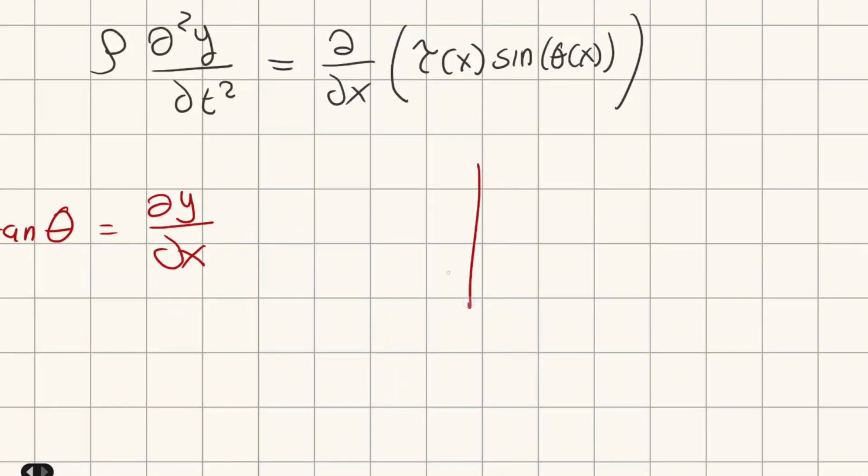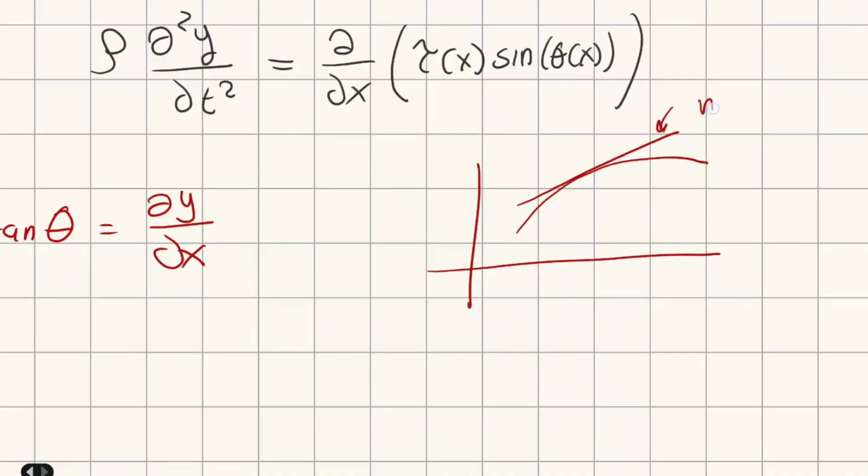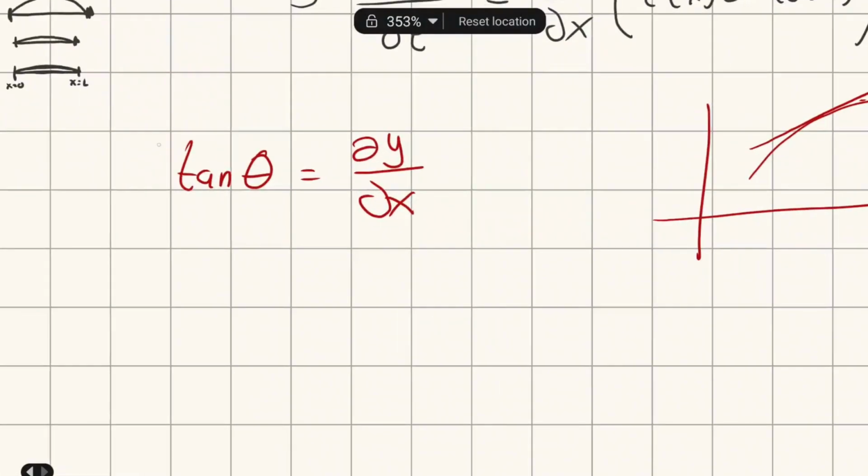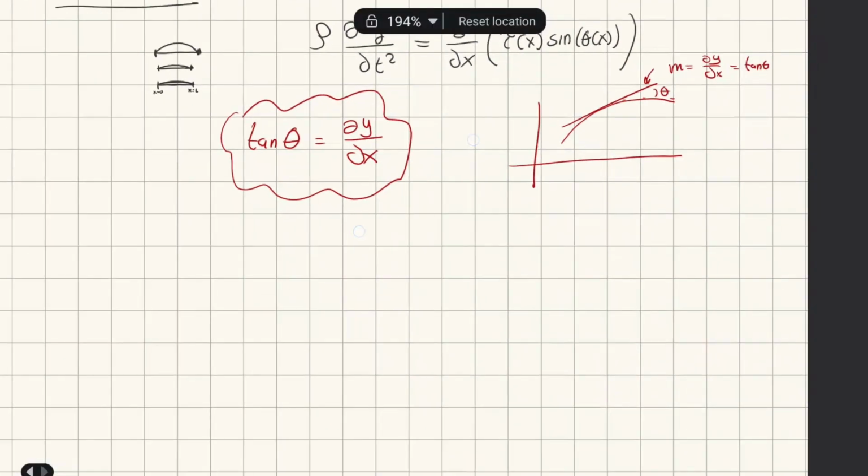If we have a curve, the derivative, which is the slope m of this tangent line, is equal to the derivative, but it's also equal to tan θ. So with that, we can establish this relation over here.